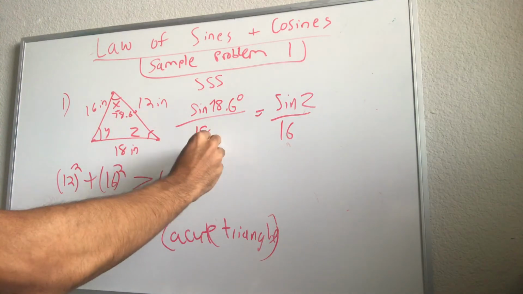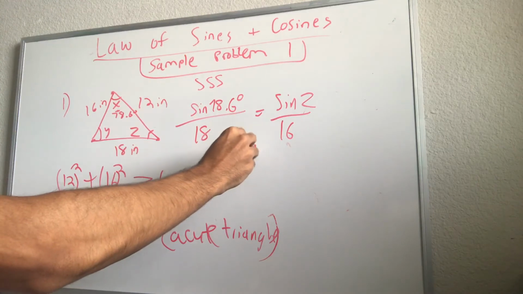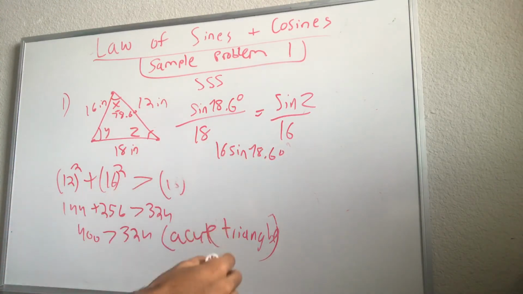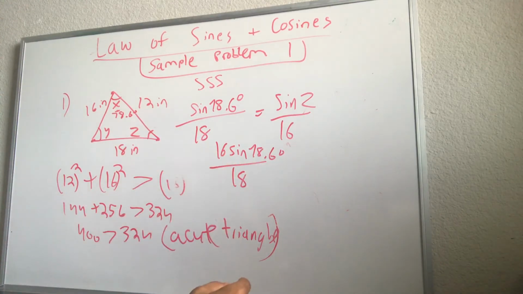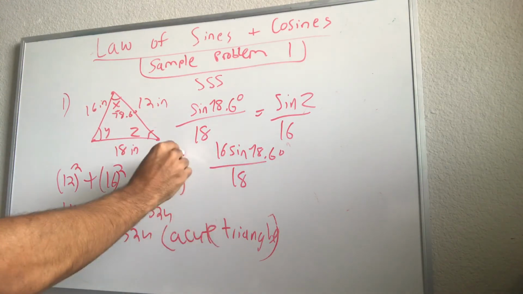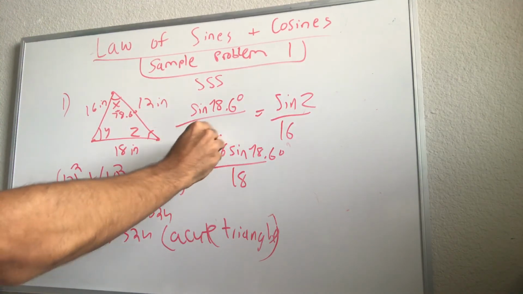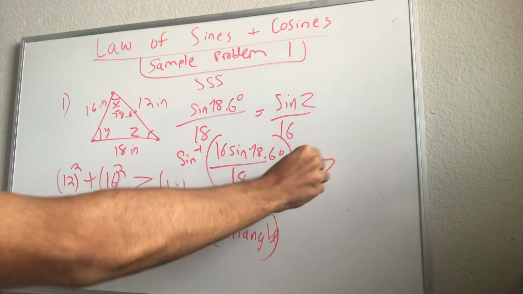This indicates that 16 times sine of 78.6 degrees, cross multiplying, is equal to 18 times sine of z. And so we're really just doing that divided by 18 is equal to sine of z. So sine inverse of this must equal z.